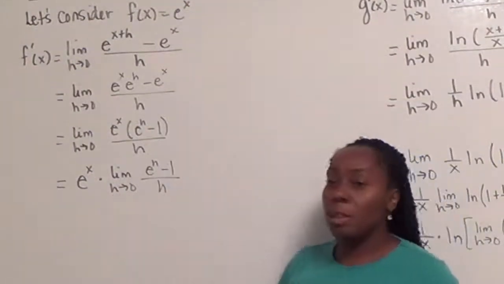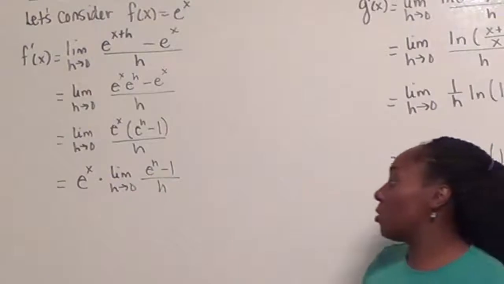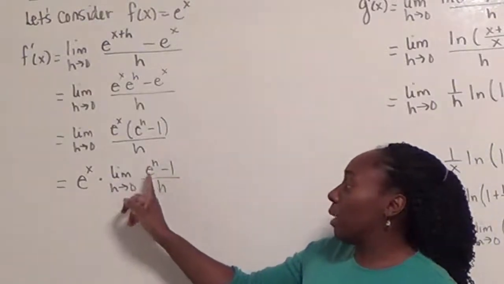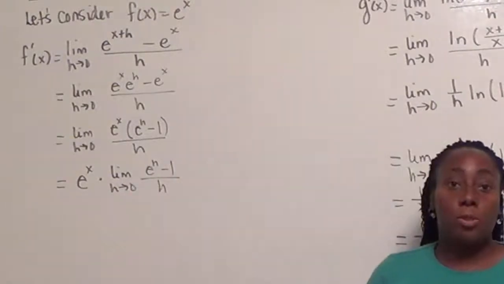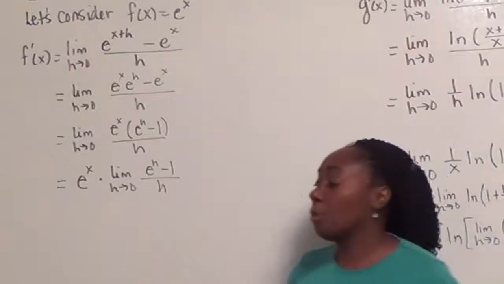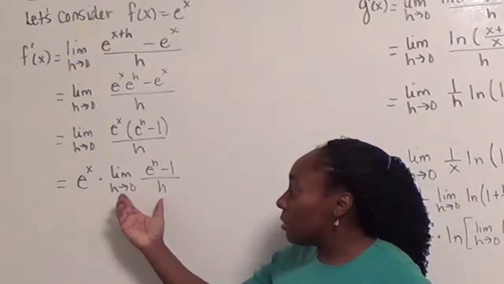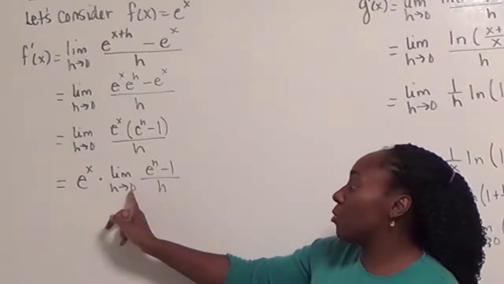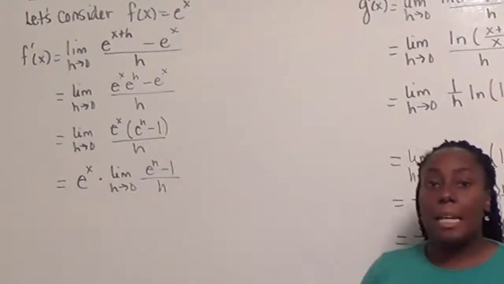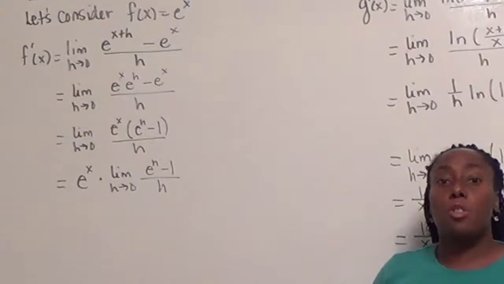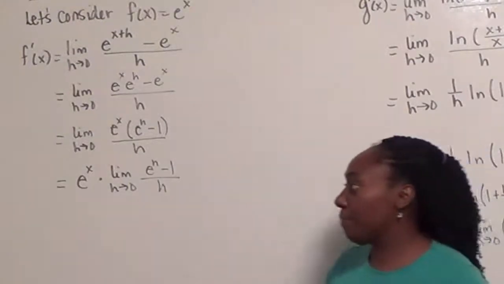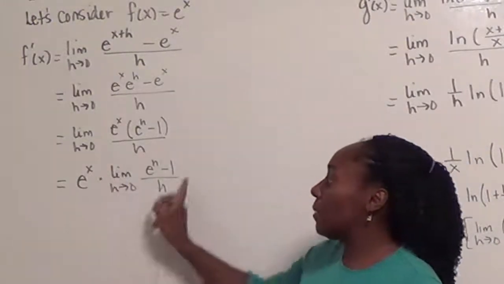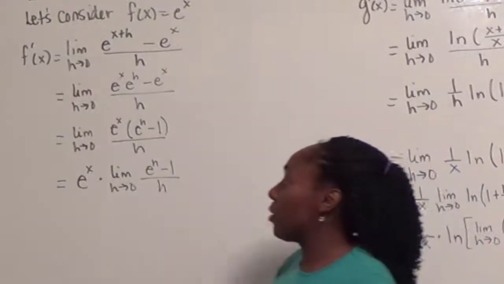Now, at first look, if we take the limit as h goes to 0, it looks like we're getting 1 minus 1 over 0, or 0 over 0, something indeterminate. But taking a closer look, we can see that as h goes to 0, e to the h minus 1 is going to approach 0 at the same rate as h. And so this piece actually does in fact go to 1.